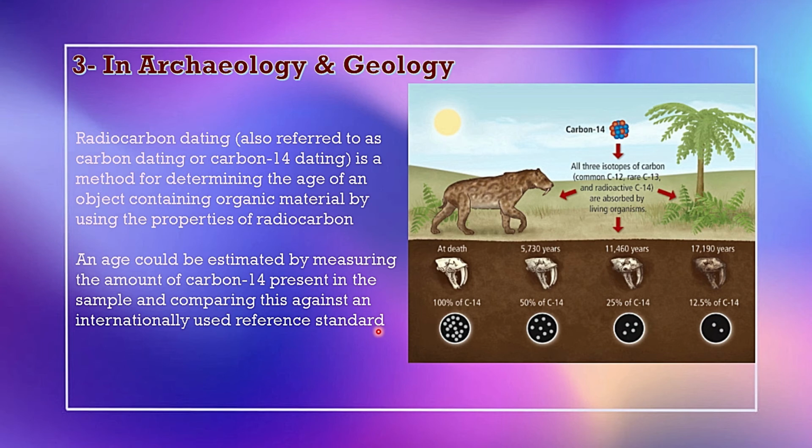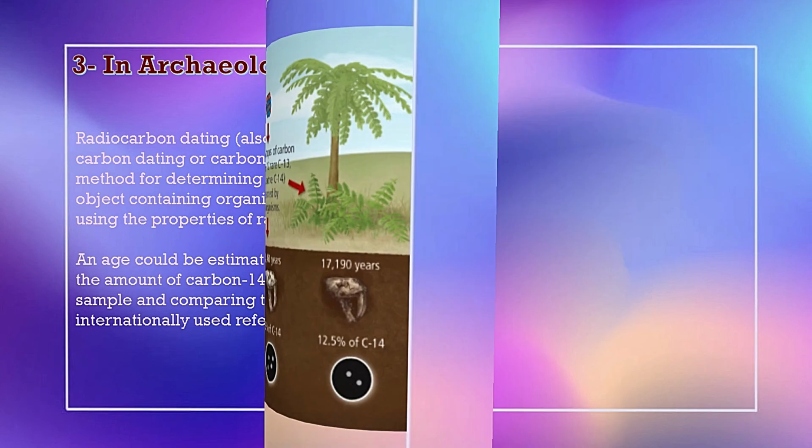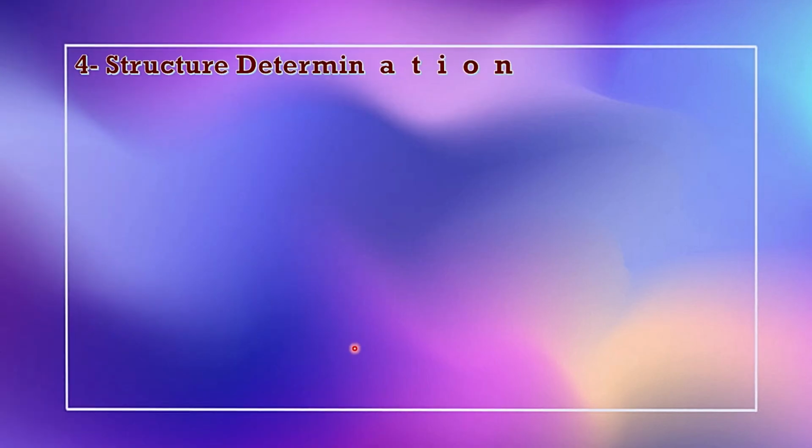Through that half-life, scientists can identify the age of the species in which this carbon-14 is present. By using this method, scientists have identified the age of dinosaurs. So this is very interesting.